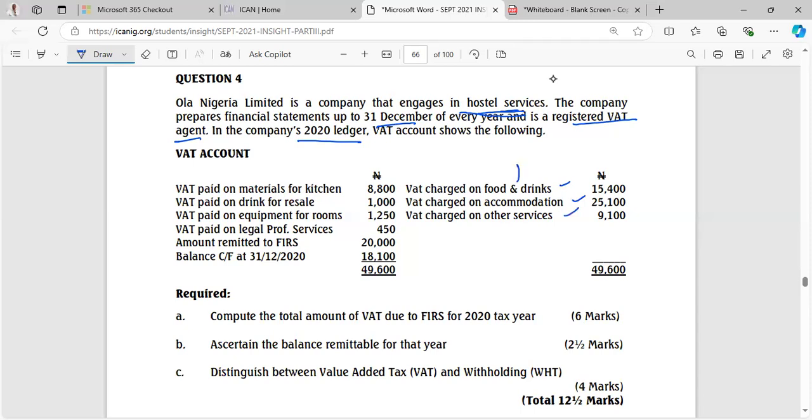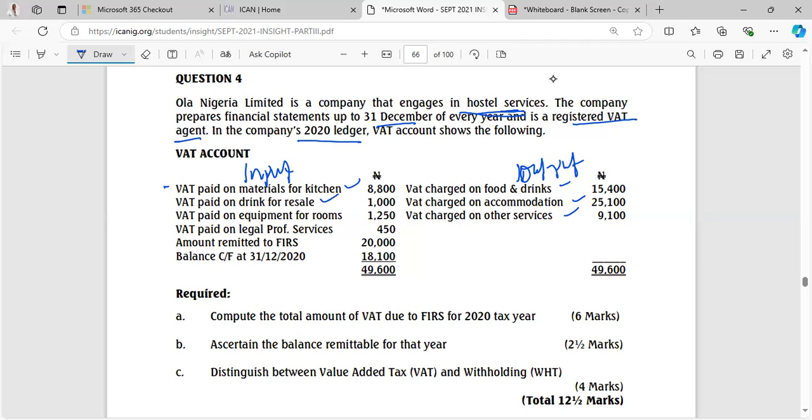Then the input VAT, all the VAT you suffered in order to make the sale: VAT paid on kitchen materials, this is one of them. VAT paid on drinks for resale, this is another one.